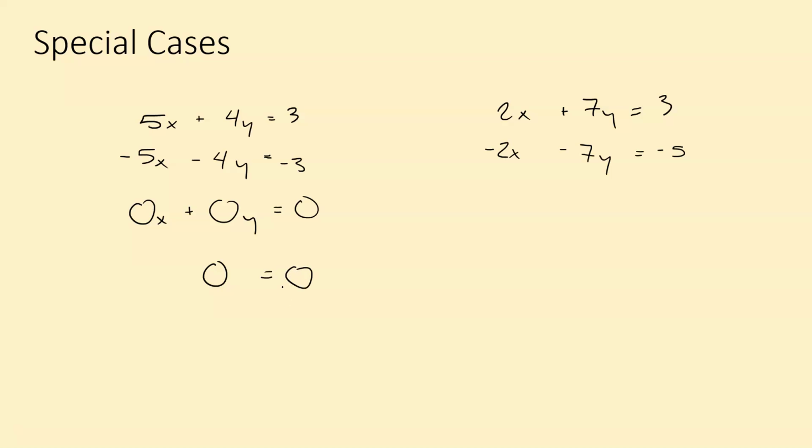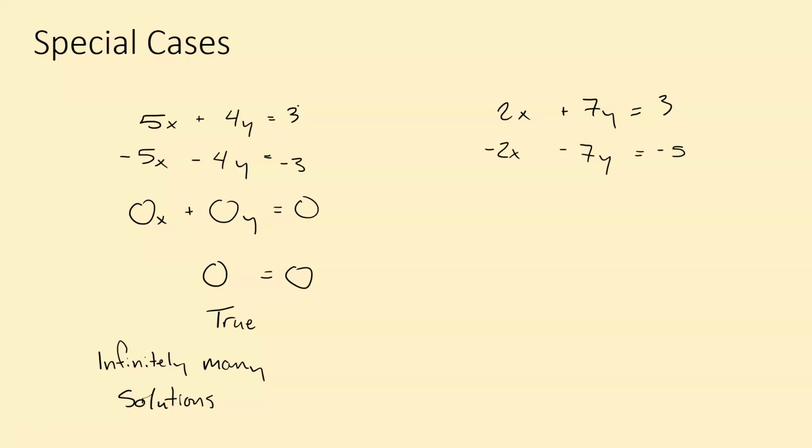So what happens when both variables eliminate? You didn't do anything wrong. You just have to look at this final result and ask yourself, is this a true statement or a false statement? 0 equals 0 is true. So what that means is that this is an infinitely many solutions example.